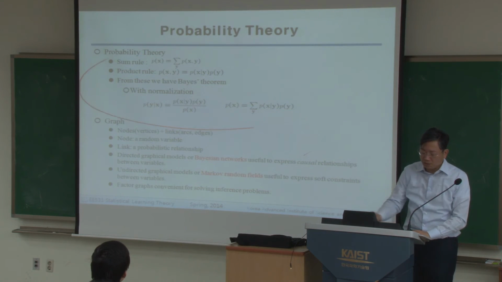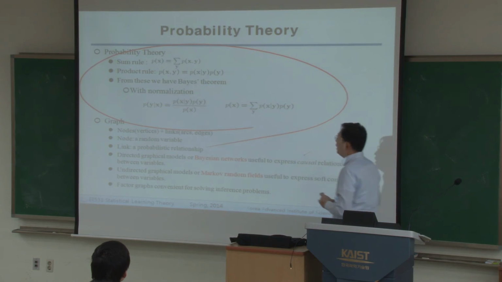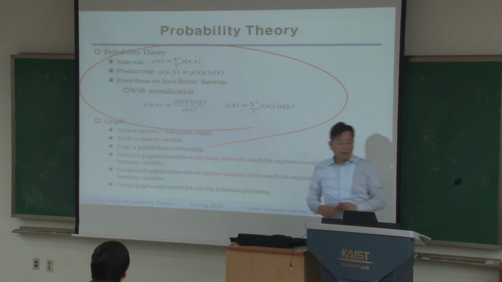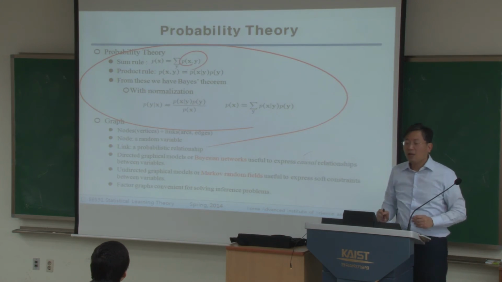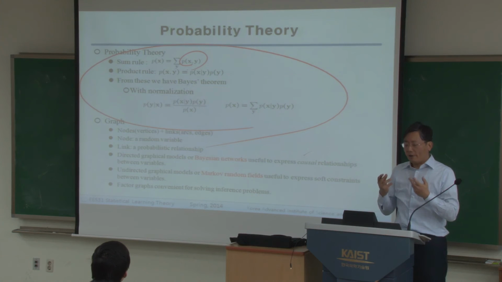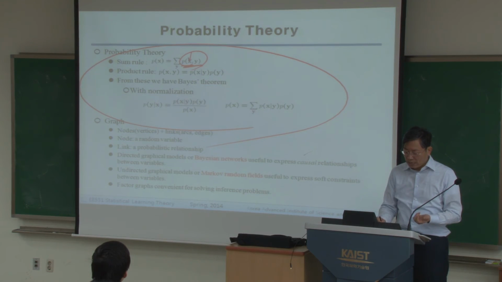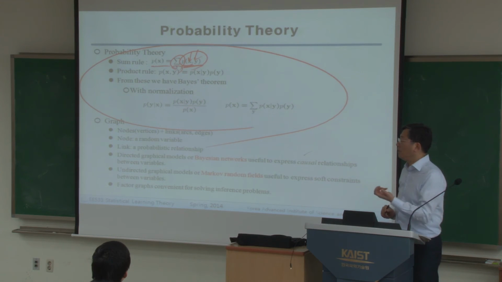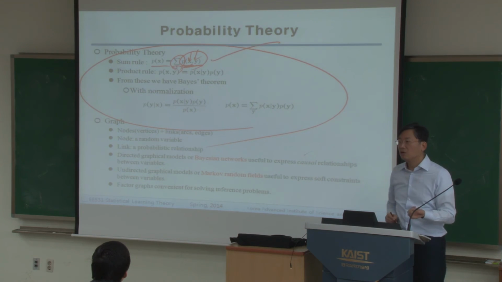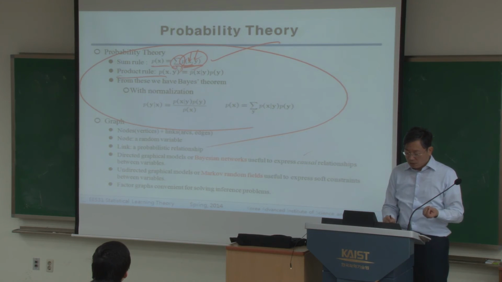So probability, this is all you need to know in probability. The sum rule. If you have a joint probability, x and y are happening together, okay, with this probability, weight and height. Now, if I marginalize over y, then I get the probability of x. That's very easy, okay. Product rule, x and y.